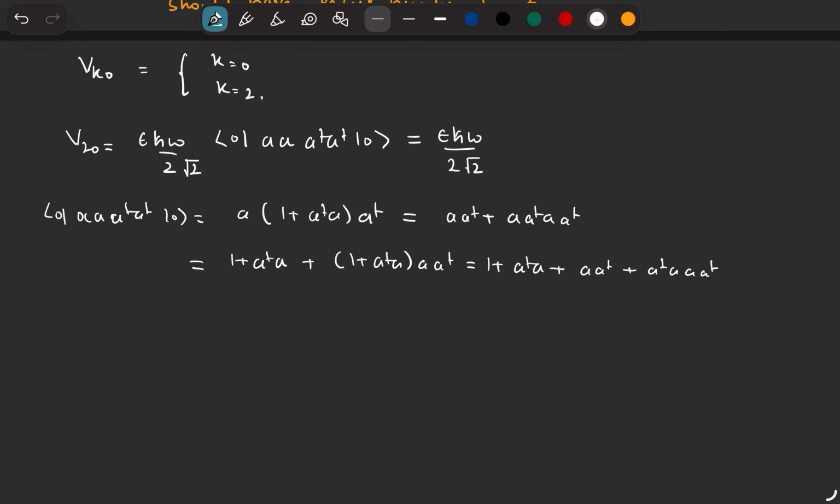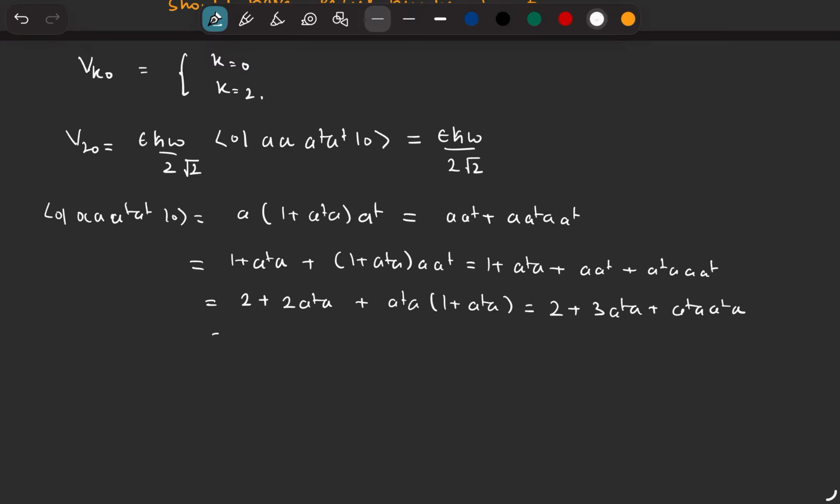And now this is 1, so this will be 2 plus 2 times a dagger a, clearly yes, and the last term will give you a dagger a 1 plus a dagger a. So there is 2, this 2 plus 3 a dagger a plus a dagger a dagger a.